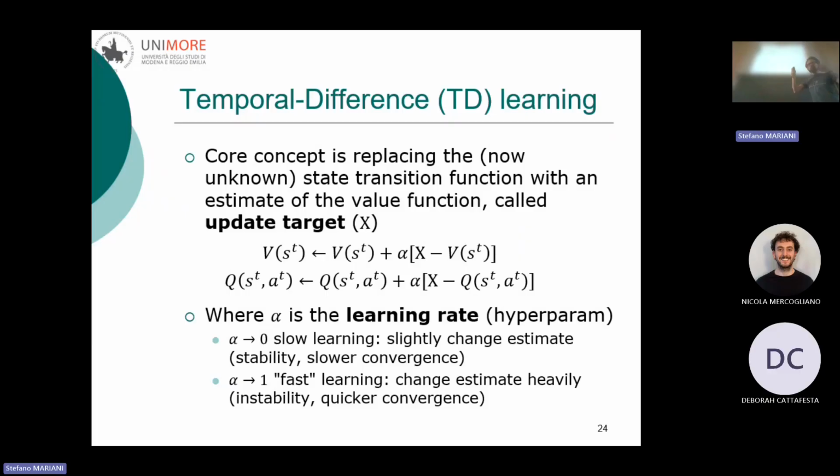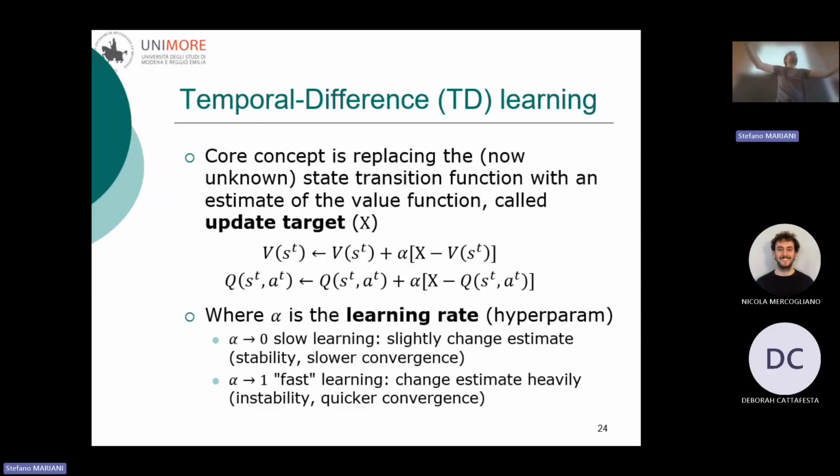Basically, if you try to devise what to put here, you are inventing a reinforcement learning algorithm, because the rest of the machinery is the same. How to update the policy, how to update the state action and the state value function is in those formulas. What you need to do is decide what can I put here. So you need to find a way: okay, I don't have the state transition, but what do I have? I have samples of the state transition. If I do an action and end up in a given state, I have a sample.